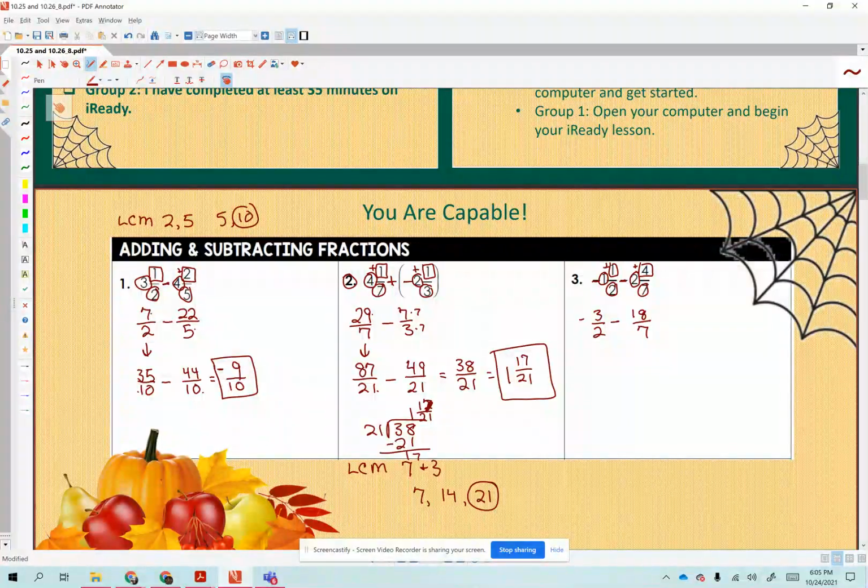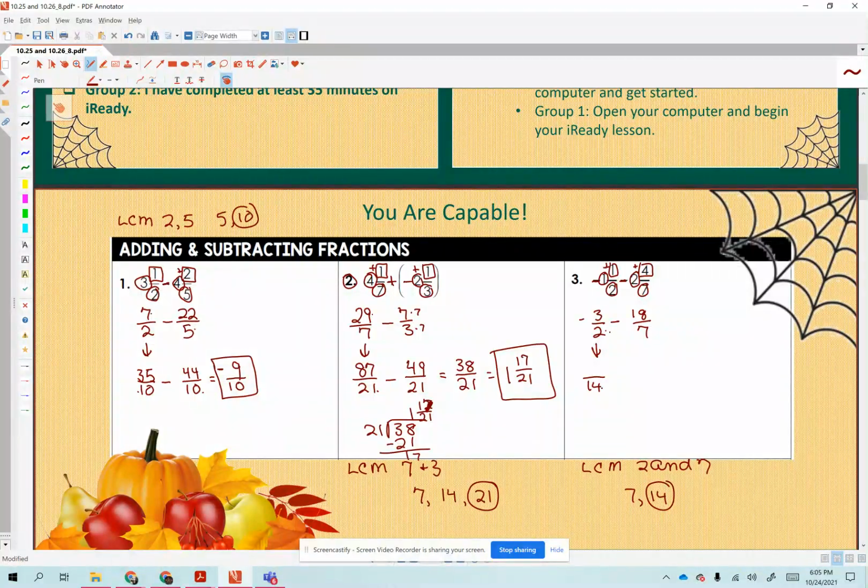Now I need to find a least common multiple of 2 and 7. So let's look at the multiples of 7. I have 7, 14, while 14 is also a multiple of 2. So we will go with 14 as our denominator.